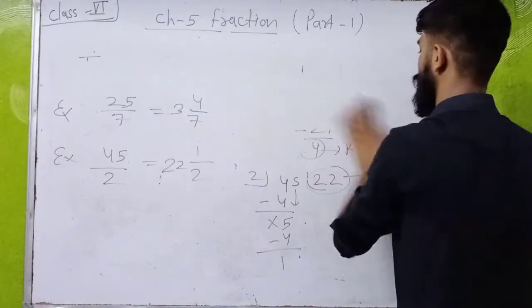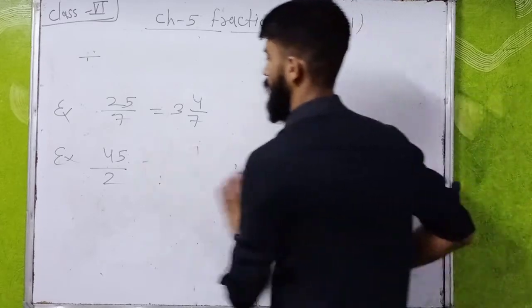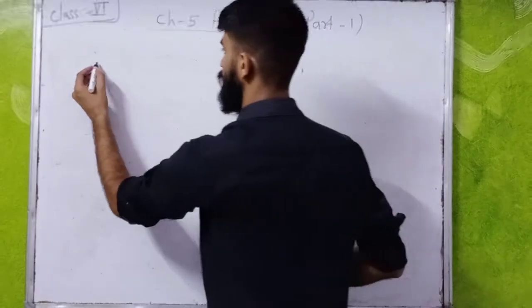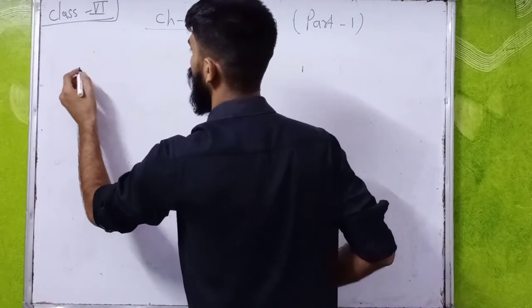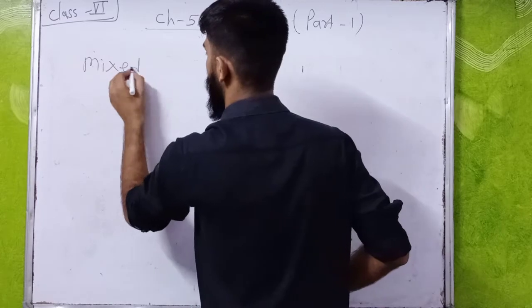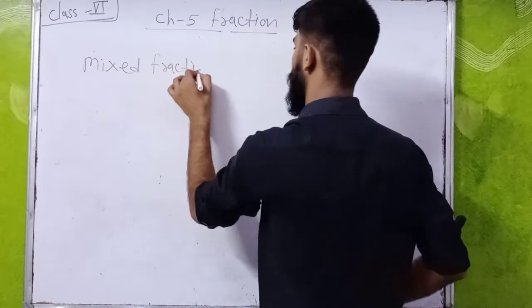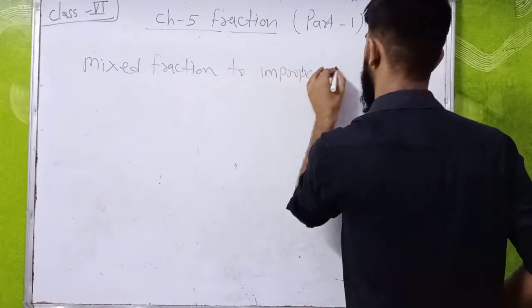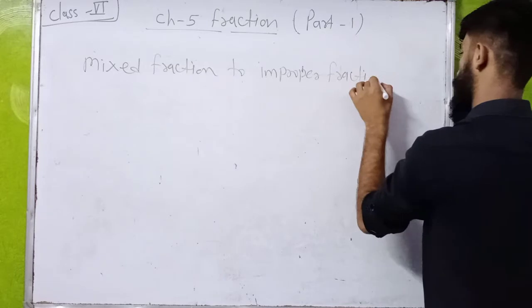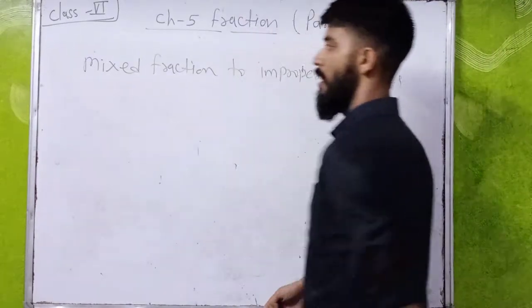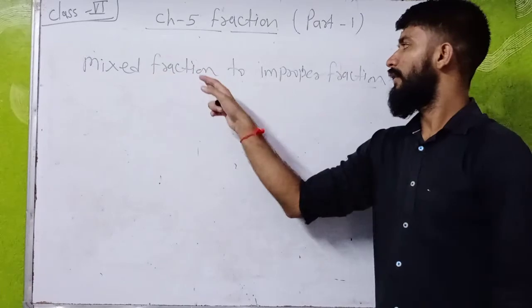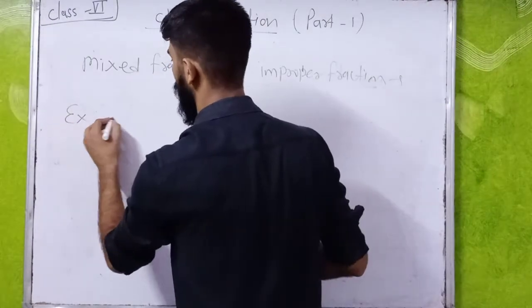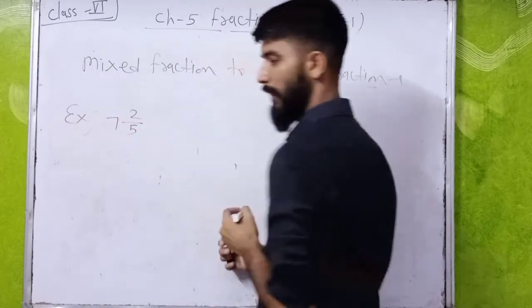Now, the next topic is mixed fraction to improper fraction. Just like the example 7 and 2 divided by 5.